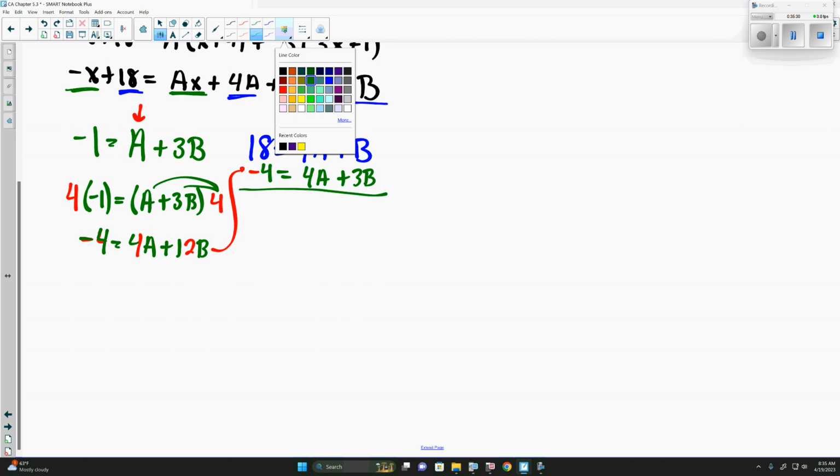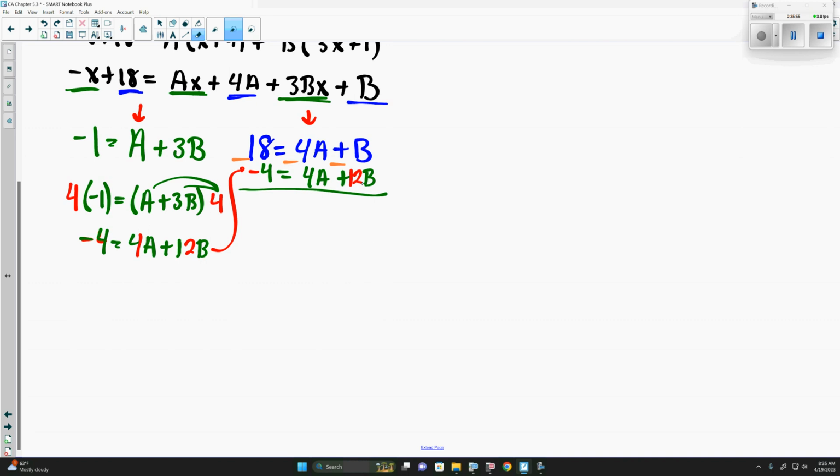Let's pick this color. Now, since the values of a have the same sign, we will subtract, because 4a minus 4a, 4 minus 4 is 0. 12, thank you. I was wondering why. Had some confused faces, that's why.